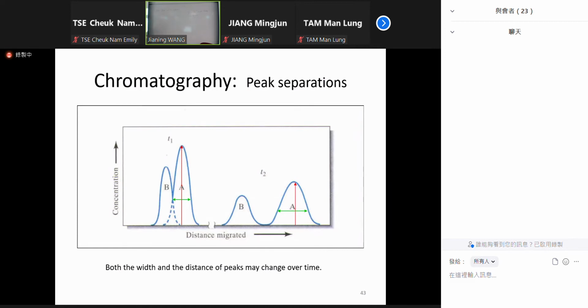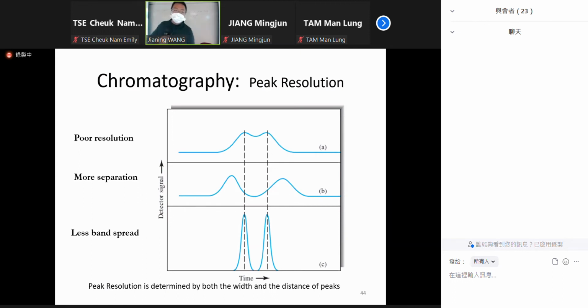How do we describe this in a quantitative, mathematical way? From your instinct, we know this one should be the best: a very sharp peak and good separation. This one has quite poor resolution.